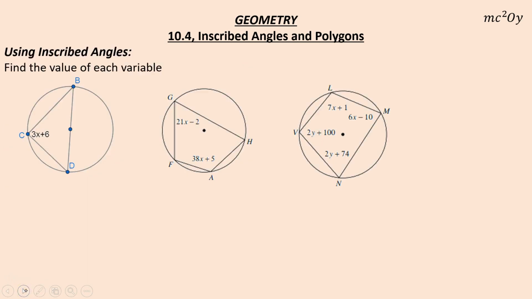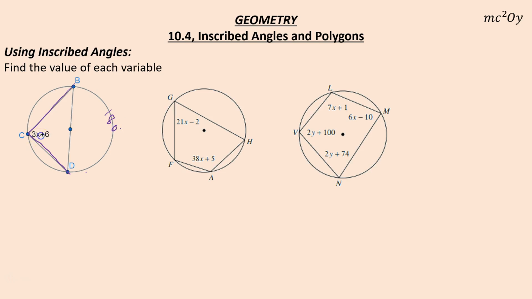So let's go ahead and find some values of the variable here. I'll apply this. Notice that 3x plus 6 is angle C, and angle C is subtended by a semicircle or by a diameter there. Therefore, this arc is 180 degrees.